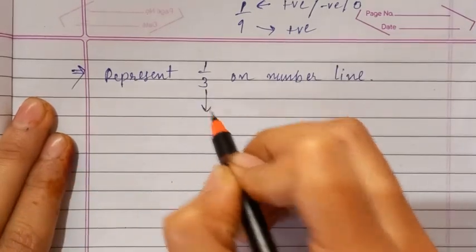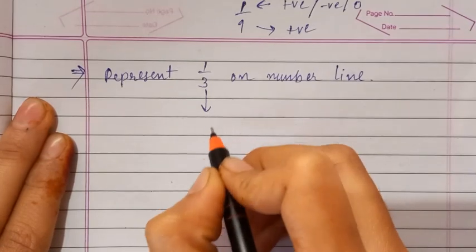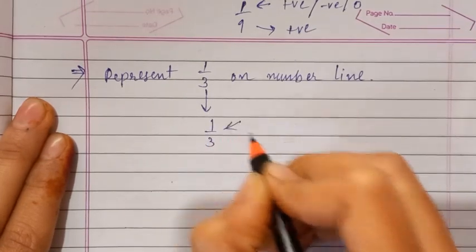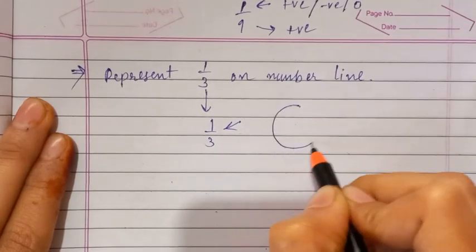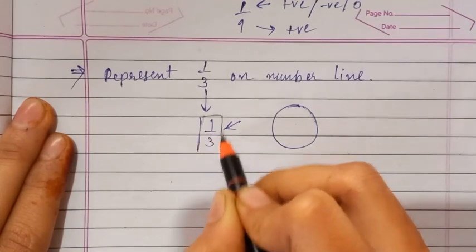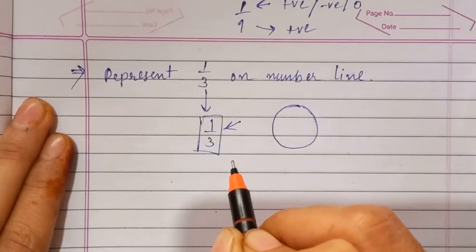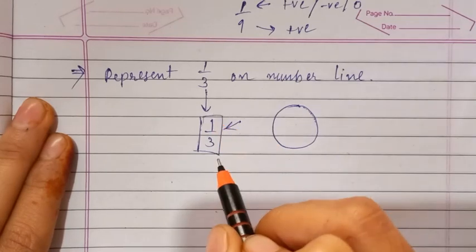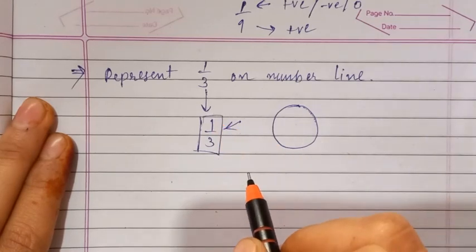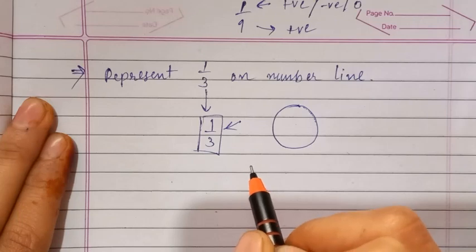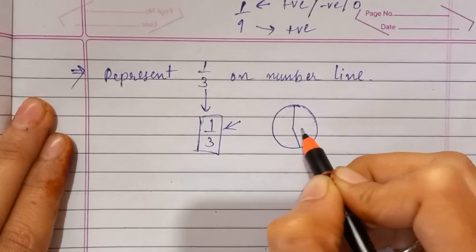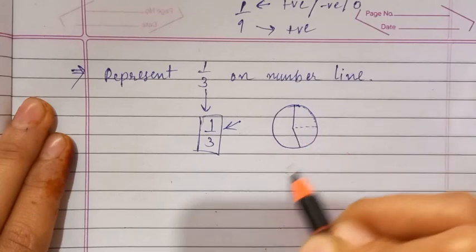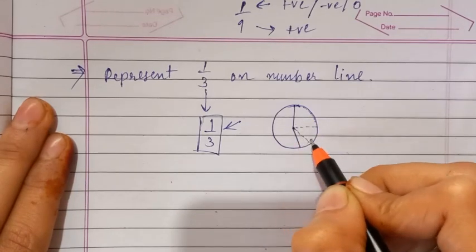So what do you mean by 1 by 3? What is 1 by 3? It is the third part of 1. If you have one circle, then how do we represent this 1 by 3 in the circle? You can make it like this, 1/3.